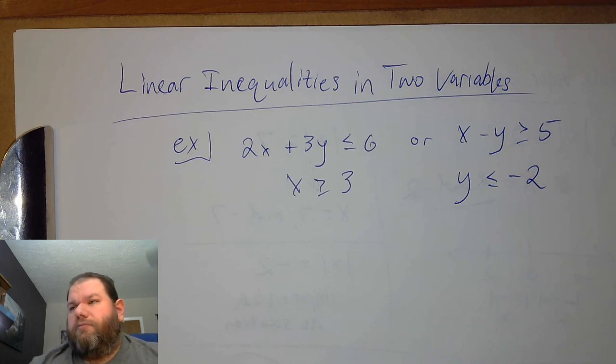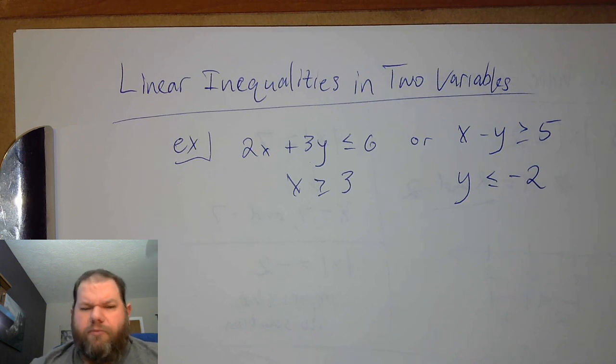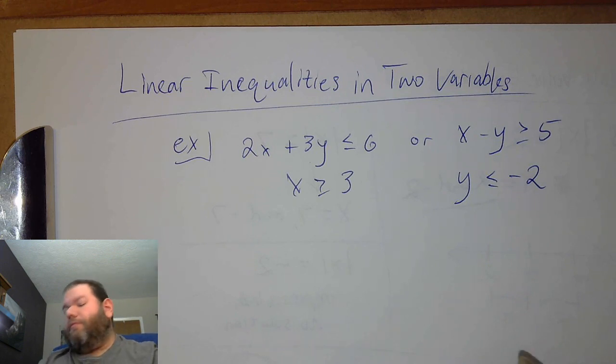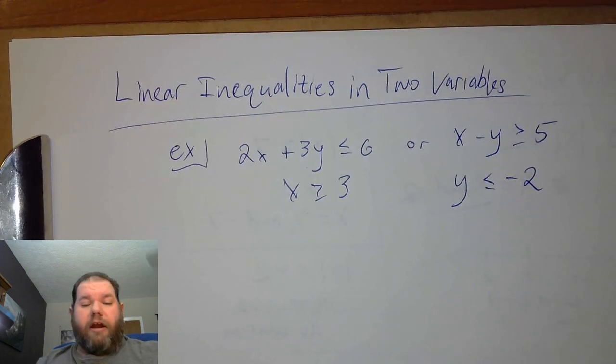Now, the way that we handle this as far as being able to graph these things, we treat it almost as if we're graphing a straight line. Graphing a line in two dimensions. And this goes back to what we covered in section 2.1 or 2.2. We need to graph these and then shade accordingly.